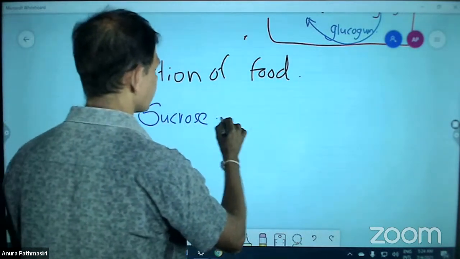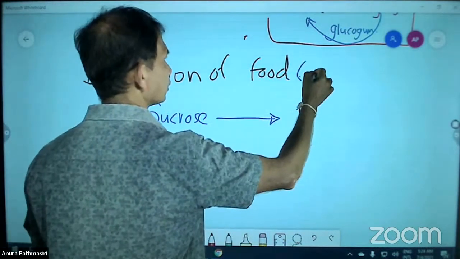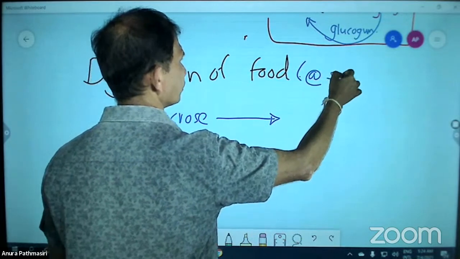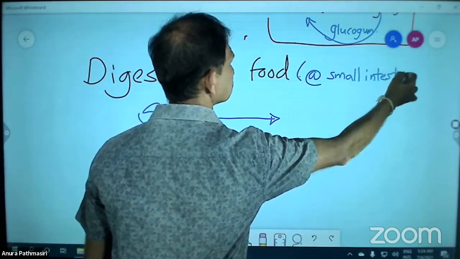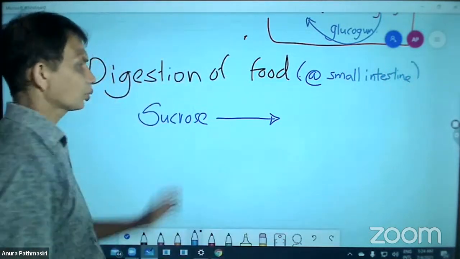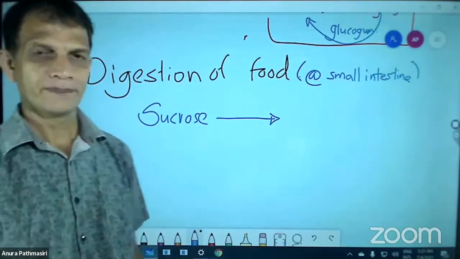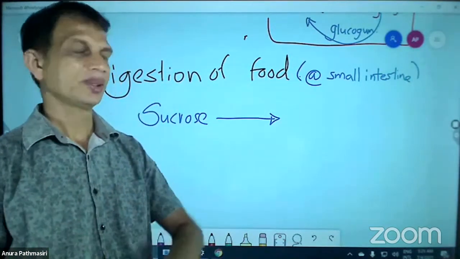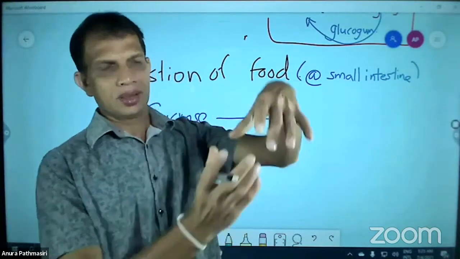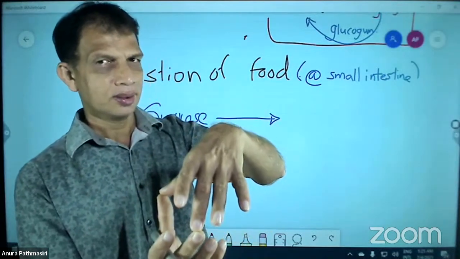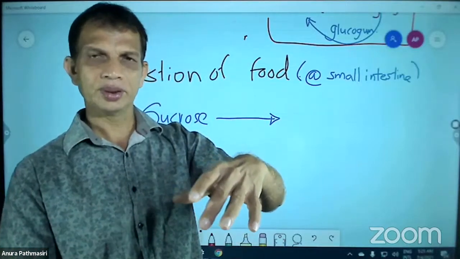How is sucrose digested in the small intestine? The same thing we learned now will be on the other side. The way of forming sucrose is glucose plus fructose. Glucose plus fructose will be converted into sucrose.